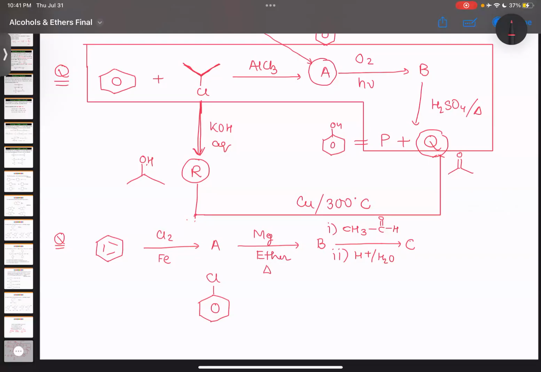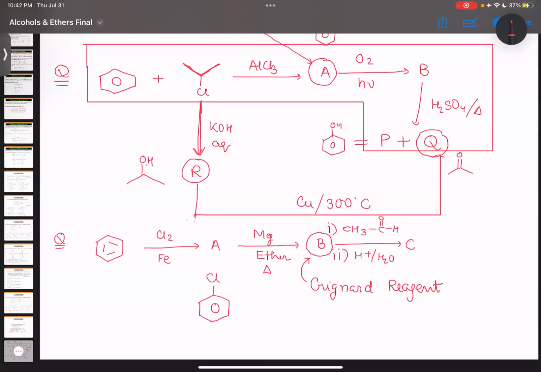Magnesium is a solid metal, small magnesium turnings, small pieces of metal you take and mix with chlorobenzene, and you end up with a famous reagent known as the Grignard reagent.